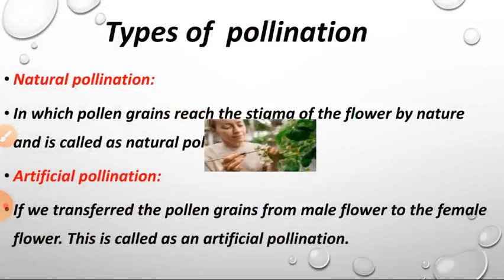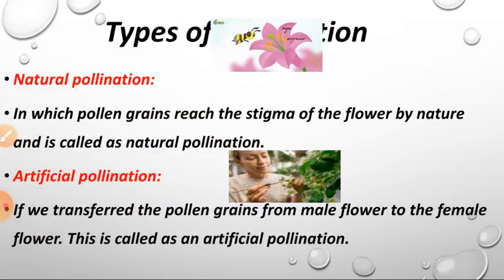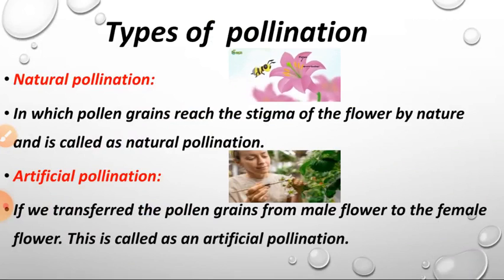Next, types of pollination: natural pollination and artificial pollination. When pollen grains reach the stigma of the flower by nature, it is called natural pollination. Nature means wind, rain, insects and birds.